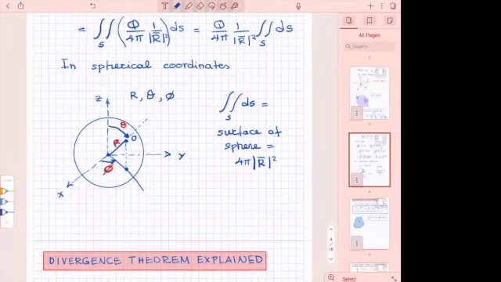Okay, so if I take 2 and 3, from 2 and 3, what do I get?